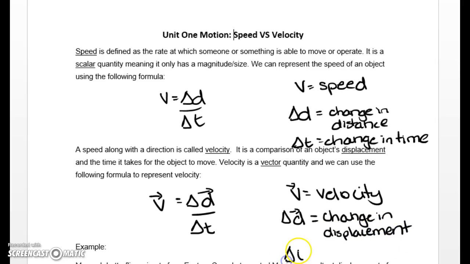And then delta t is still the same, where it's your change in time. Time is a scalar quantity. You don't represent it using directions of a compass or moving forward or backwards. We just know that time is as it is.